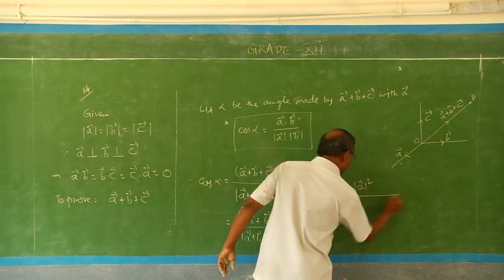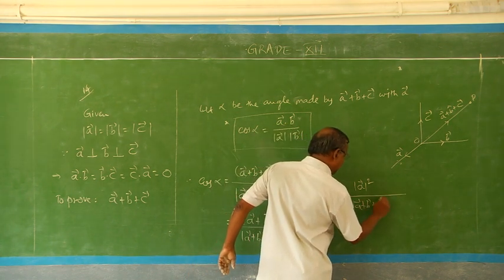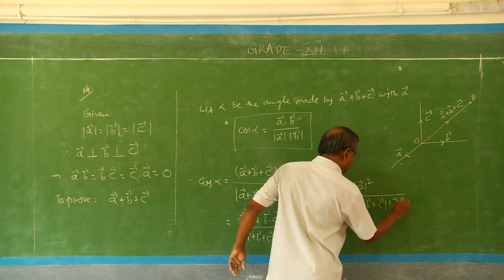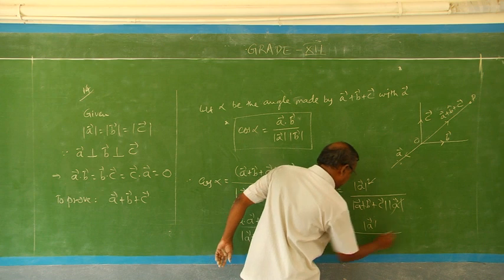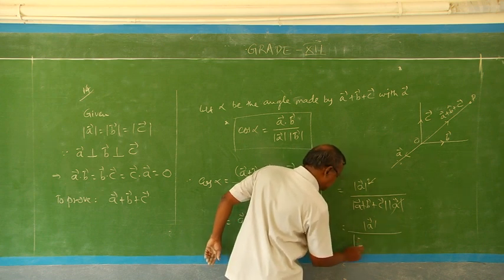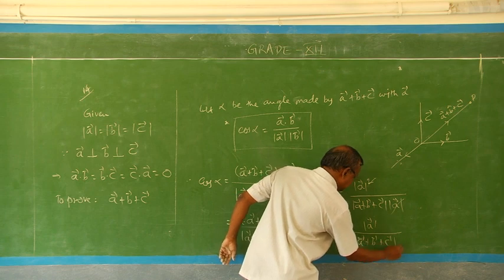So, cancelling one part, we have modulus of a divided by modulus of a + b + c. Say this is 1.